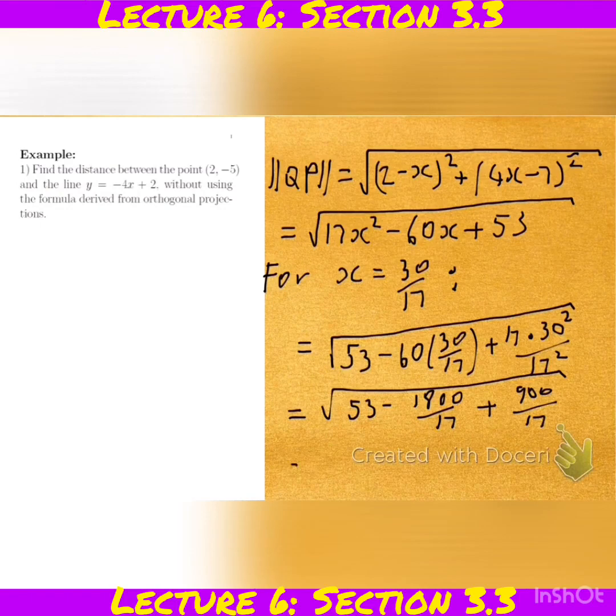If you work that out, the square root of that is 0.242536, more or less, units. So that's a nice application of orthogonality to find the distance between a point and a straight line.